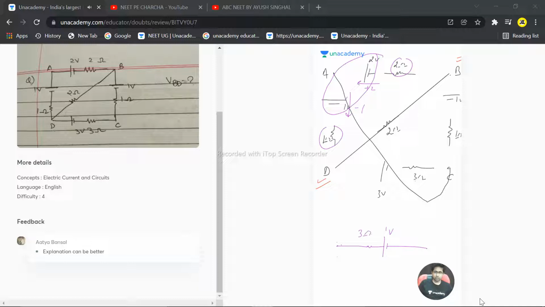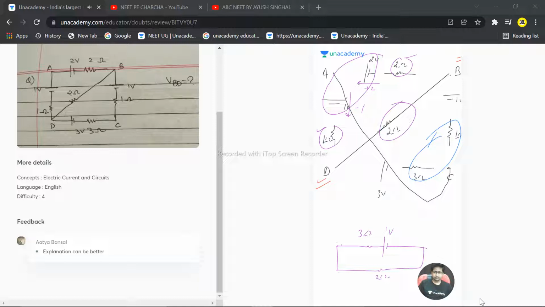This is 2 and this is 1. The same current is flowing, so they are in series, and we can say this is a 3 ohm resistor. We have BD here, which has a 2 ohm resistor only, and let's take the lower branch into consideration. So this is 4 ohm, since 3 and 1 are connected in series.